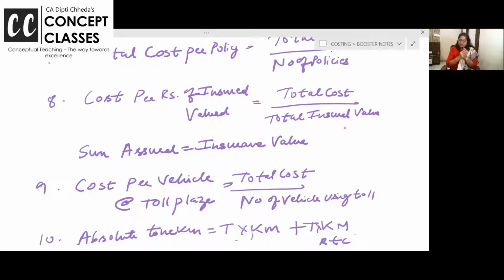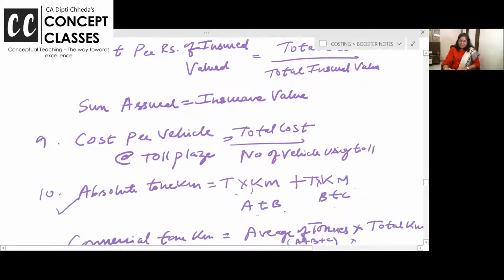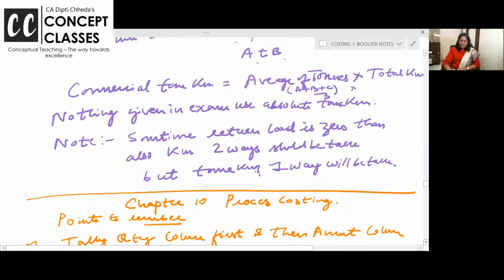What is the cost per vehicle? Those who are using it, you can do total cost divided by number of vehicles, or else total cost divided by total kilometers these vehicles are traveling. Yeah, this one should be by heart for all of you.